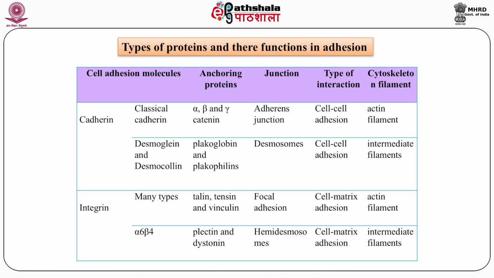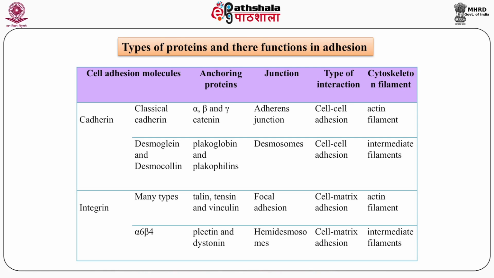The present table shows different types of cell adhesion molecules, their related anchoring proteins, their related junctions and types of interactions, and lastly the filaments being utilized. Number 1, the cadherins may be classical cadherins or they may be desmoglein or desmocollin.